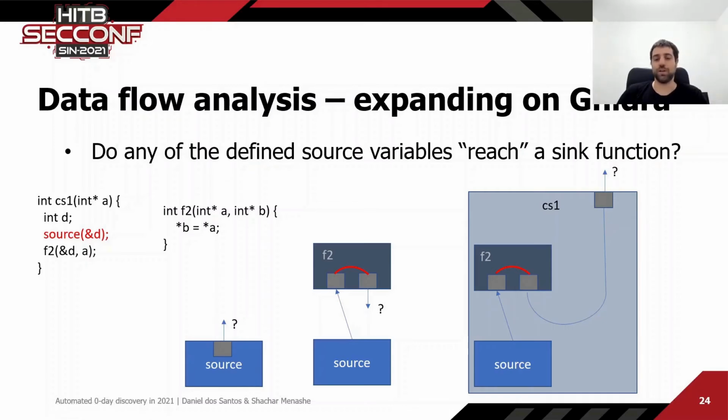And then it calls F2. What F2 does is copy the first argument into the second argument, so basically D is getting copied into A. If we look at it in the diagram, we can see that it calls F2 and then copies the source into another variable. But the question is now, okay, what's A? A is actually an argument of CS1.